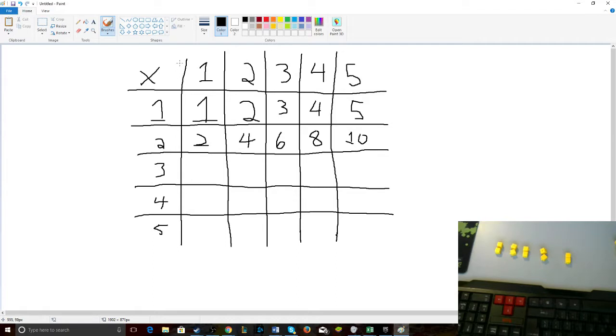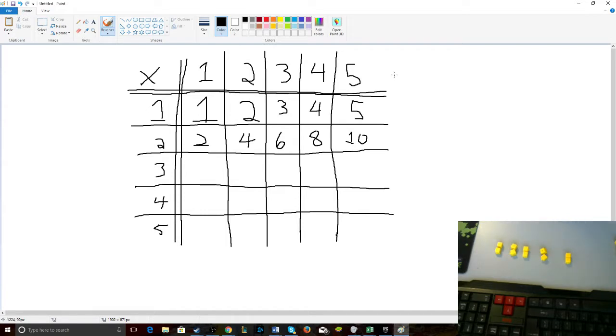So, I'm just going to make this a double line to show that the numbers on the top side here are the ones that are being multiplied, and the ones on the left are the ones that are being multiplied. So the pattern is that for ones, whenever you multiply 1 by something, it's always that number. So whenever you have one group of anything, the answer is going to be the number that you're multiplying it by.